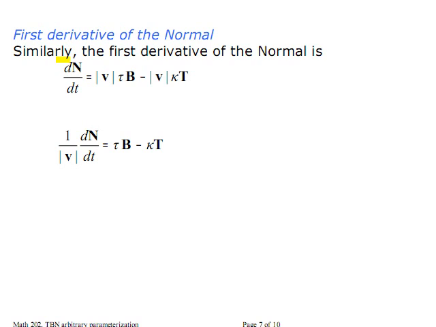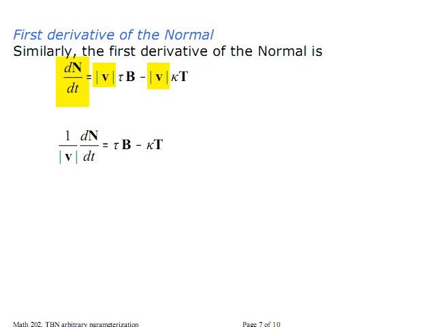I'm not going through the steps, but we have a similar result for the first derivative of the unit normal. Again, we see these scaling factors of the magnitude of the velocity along the space curve for the parameterization, multiplying the curvature and the torsion.